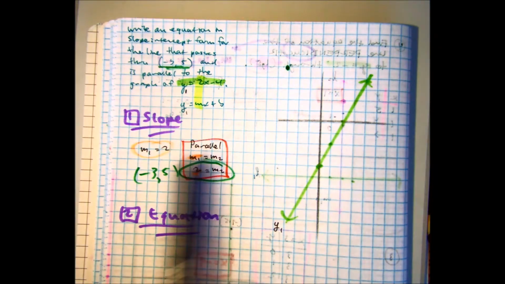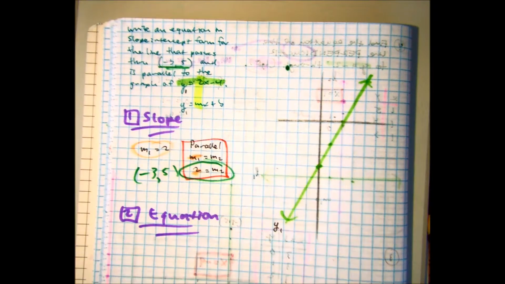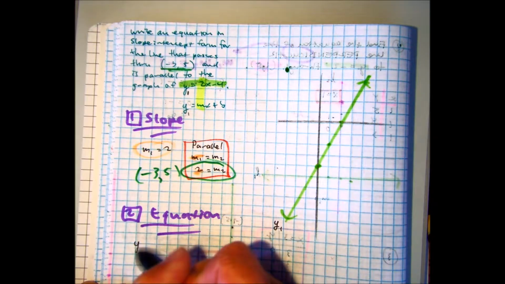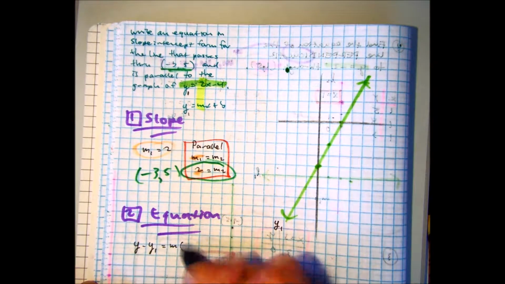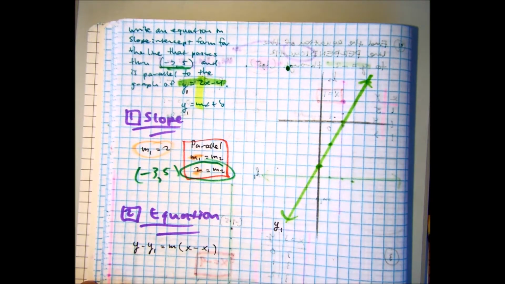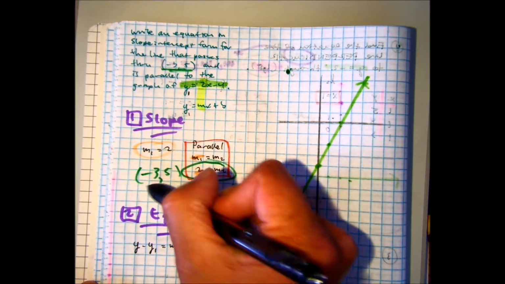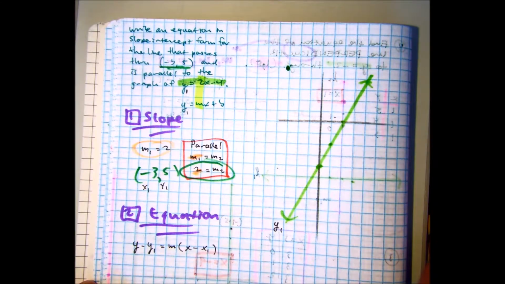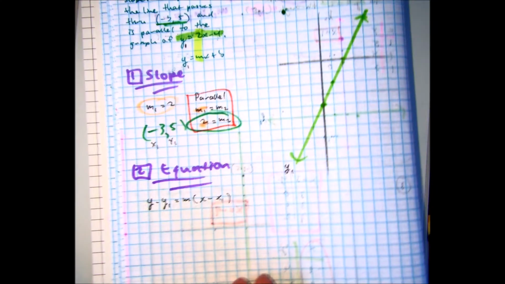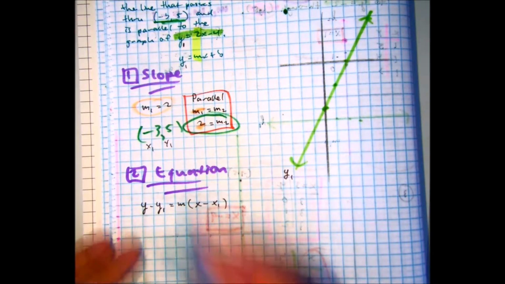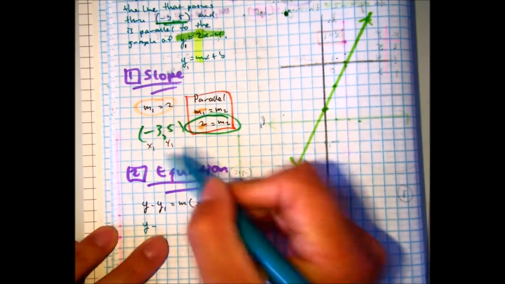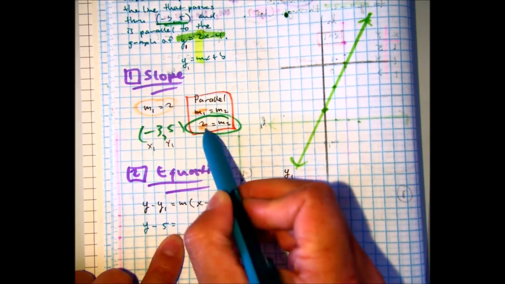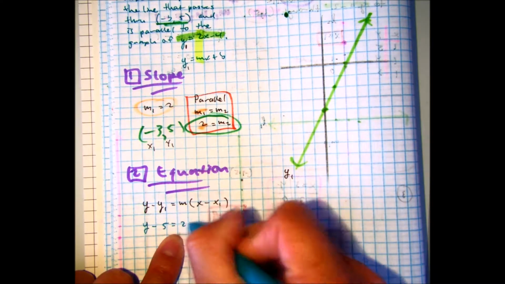Class, which of our forms has a point and a slope? Point-slope form. Here is a point, an ordered pair, and I'm going to label that x1, y1. And all I'm going to do from there is just a substitution. So y minus my y1 value, which is 5. My m value that I need here for the second line is 2.